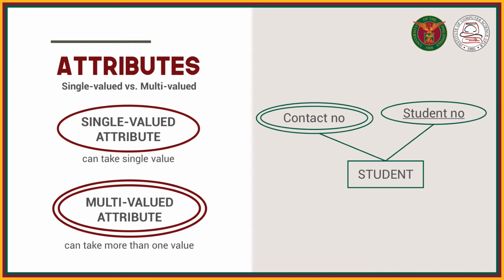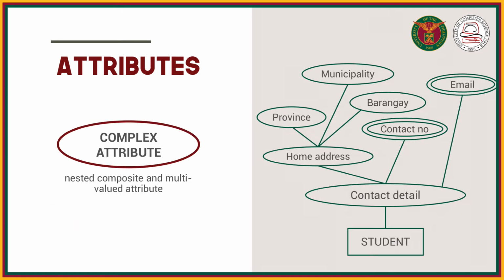So we specify it as a multi-valued attribute by a double ellipse. And then we have complex attributes. These are nested composite attributes and multi-valued attributes. For this example, we have student and a student has a contact detail. And a contact detail can be composed of a home address, a multi-valued contact number, and a multi-valued email.